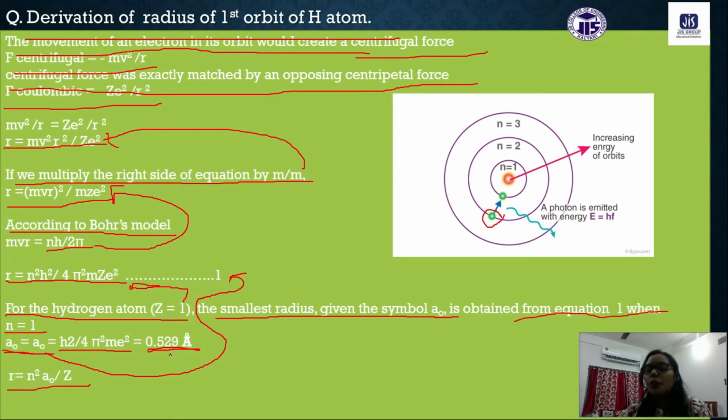That is 0.529 angstrom, divided by Z. So for any atom, we can get the atomic radius. Thus this is the derivation of the radius of the first orbit of the hydrogen atom, and by using this equation we can also get the radius of other elements.